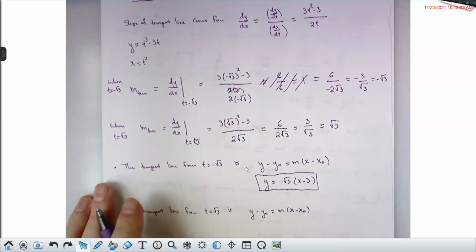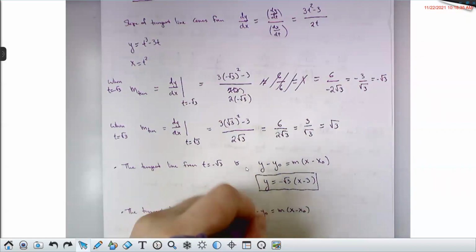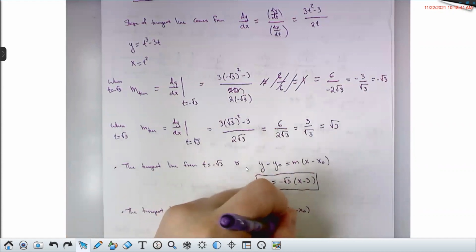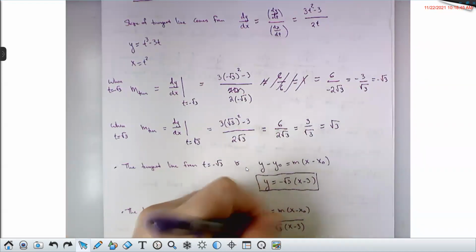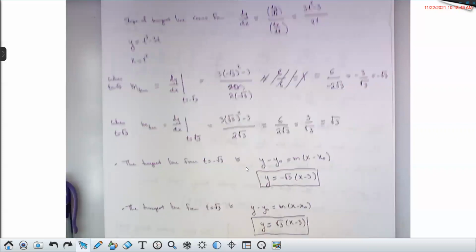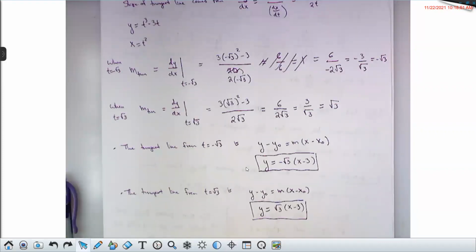Our point is still 3 comma 0. So this is still just y equals, but my slope is the square root of 3. So these are my two tangent lines of this curve at the point 3 comma 0.